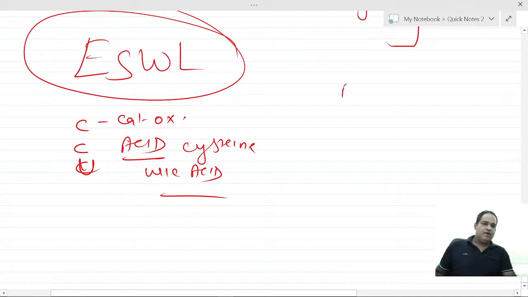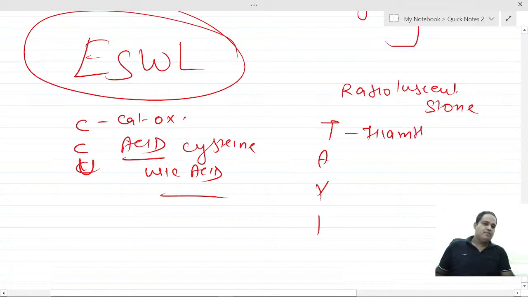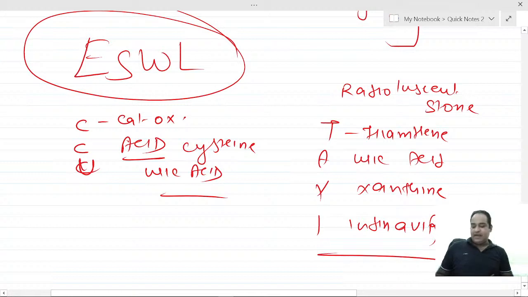For radiolucent stones, the mnemonic is TAXI: triamterene, uric acid, xanthine, indinavir.